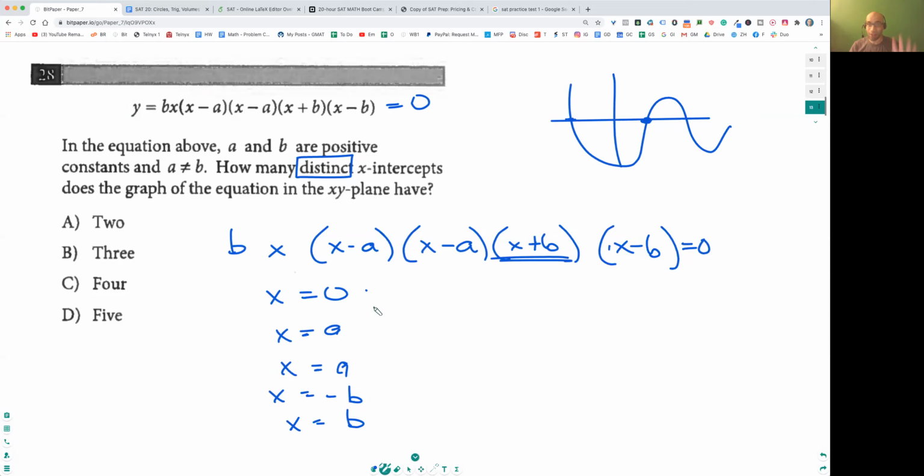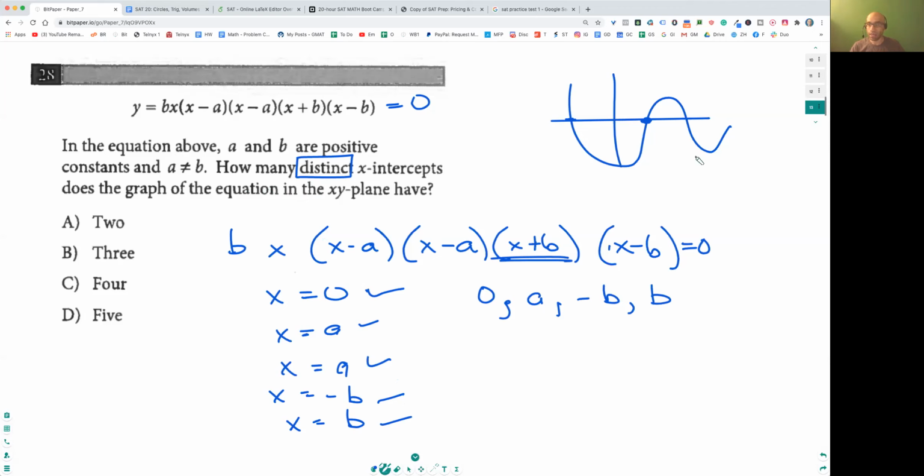So here you've got 5 roots: 1, 2, 3, 4, 5. But out of these, 2 are the same. So the distinct roots are 0, a, minus b, and plus b. Those are the distinct roots over here.